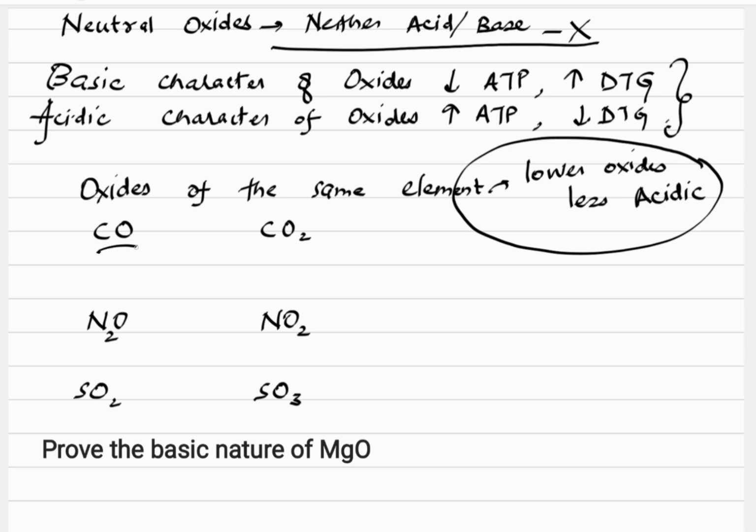Let's compare their acidity. Carbon monoxide, carbon dioxide. Carbon dioxide is obviously the higher oxide, so it will have higher acidity, and we know that carbon dioxide is acidic. Carbon monoxide, on the other hand, is neutral. Similarly, N2O and NO2. NO2 is acidic, and this is again neutral.